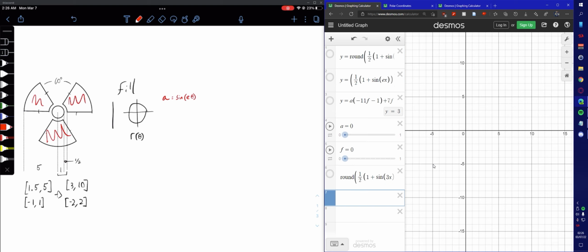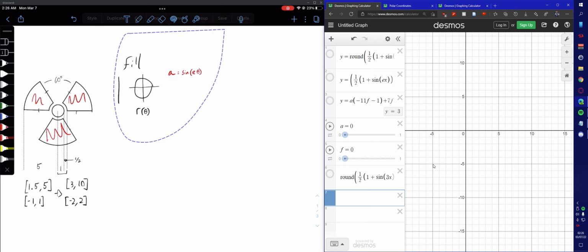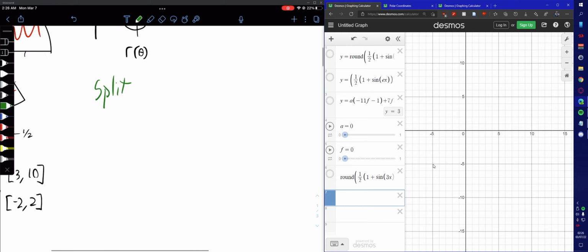Well, because there are 6 parts, we're going to have to split it. Okay, how do we do that? How about a rounding function? Basically, we have from 0 to 1, and we have it go here, and then here.